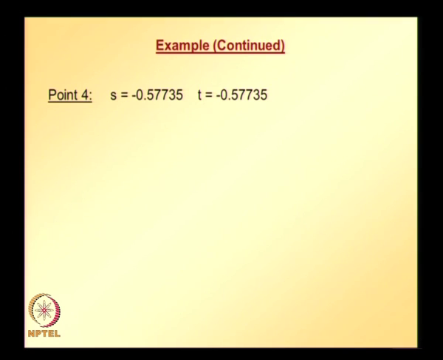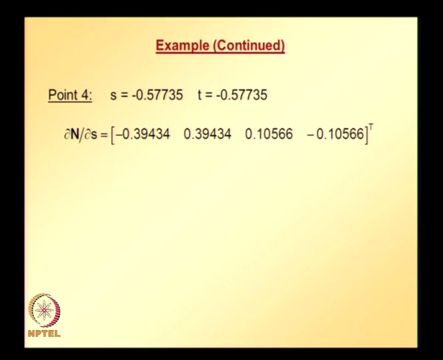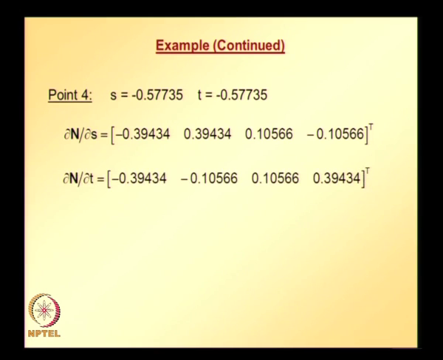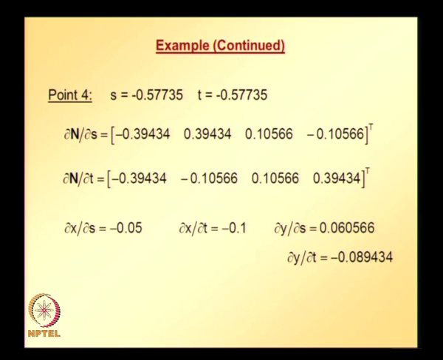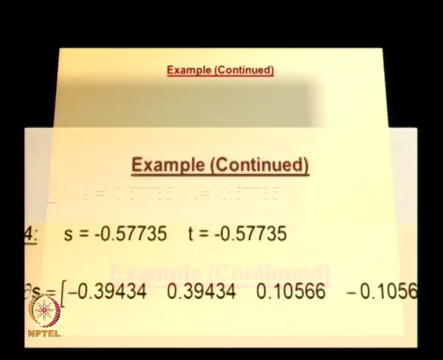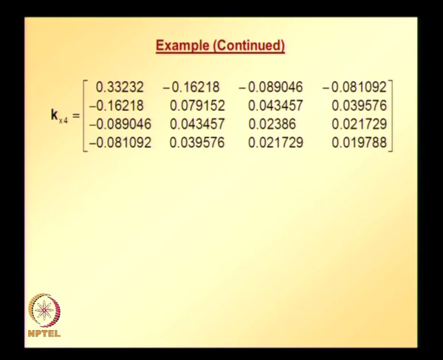A similar operation can be repeated for the fourth integration point: derivative of the shape function vector with respect to s and with respect to t, x with respect to s, x with respect to t, y with respect to s, y with respect to t, determinant of J, and then the bx vector.